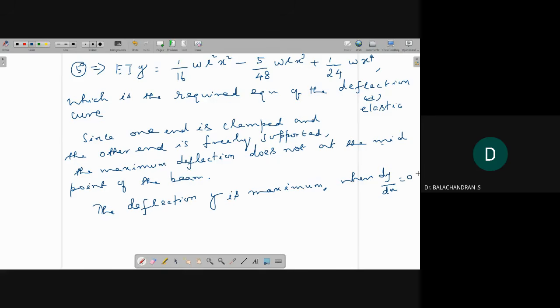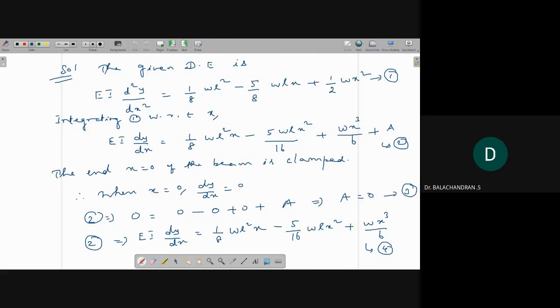So therefore the maximum point is given by, okay, what is equation y? So here you have, the deflection y is maximum when dy by dx is equal to 0. So now I am going to substitute dy by dx is equal to 0 here.